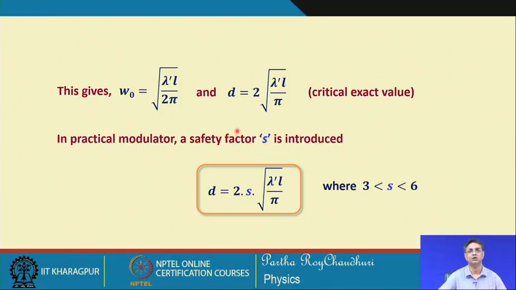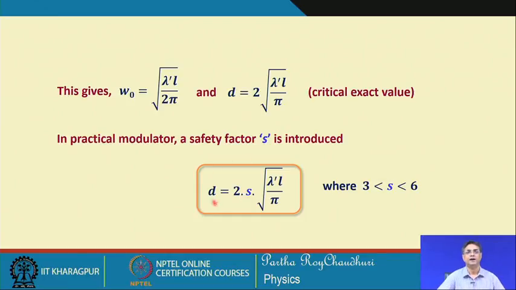So, there is a small tolerance. This tolerance factor is between 3 to 6 for practical design. These are all experimental values which are found out, and so there is a factor S which gets into this 2 S. So, this is the design for this.